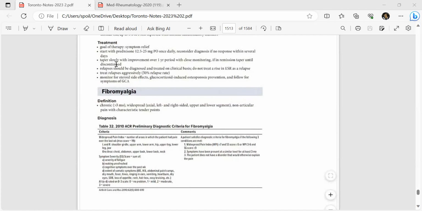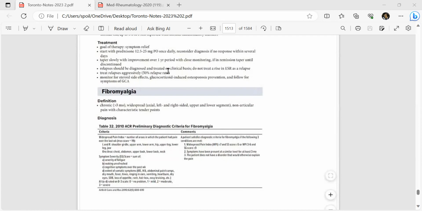If in remission, taper until discontinued. So we will taper it until we have discontinued it.